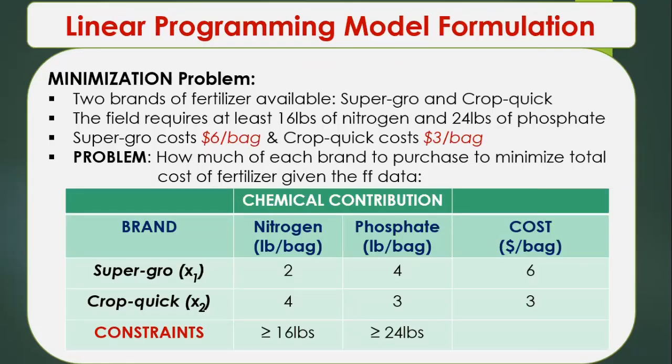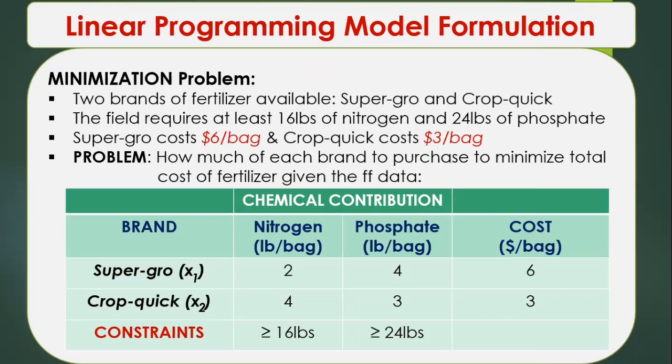Okay, and the next key area that I'm going to be highlighting right now is the minimization problem. In order for us to better understand the minimization problem, this can be best understood by giving an example. For example, there are 2 brands of fertilizer available: Super-gro and Crop-quick.